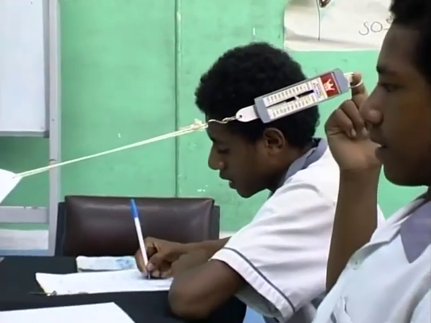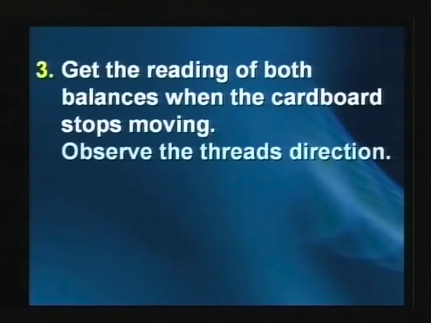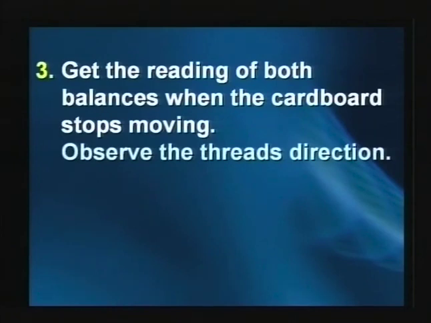Okay, here it says, third one, get a reading of both balances and observe that. So reading, what did you get? Write your reading there, on both force meters. Force meters at both ends. What were the readings you got? You recorded over here.